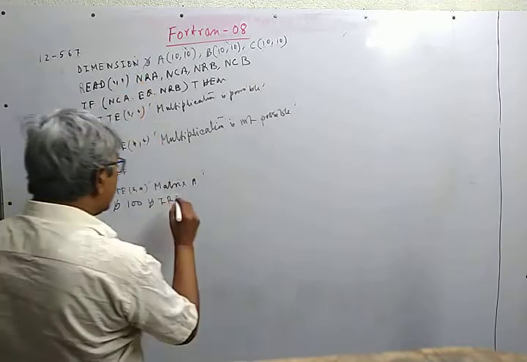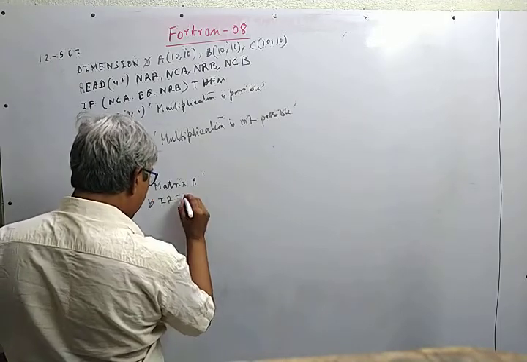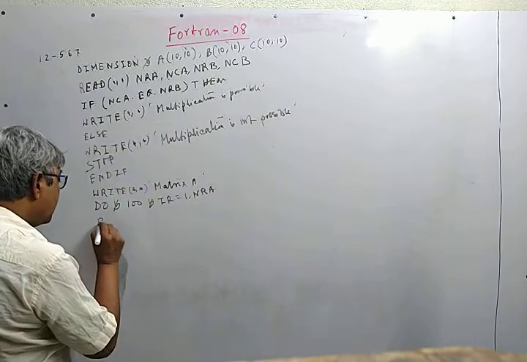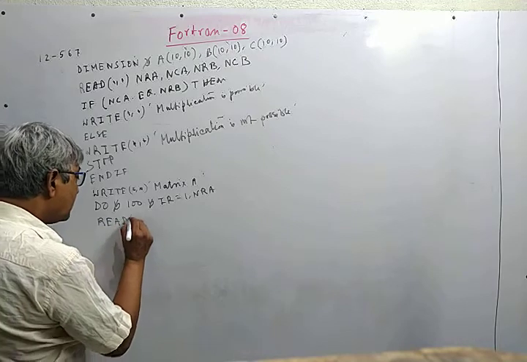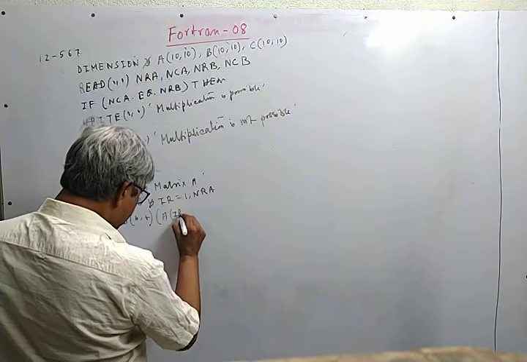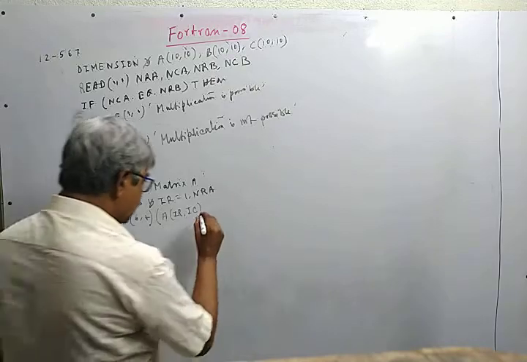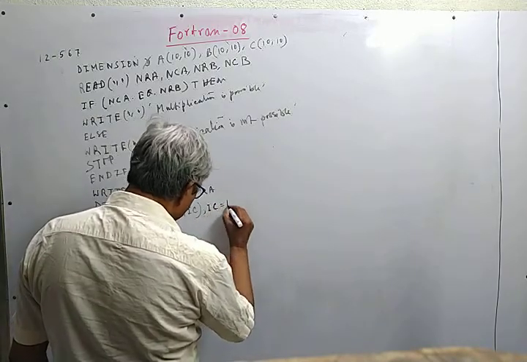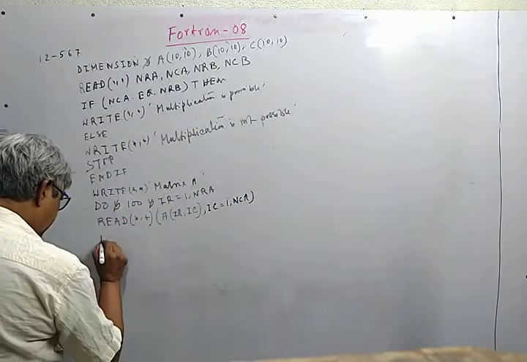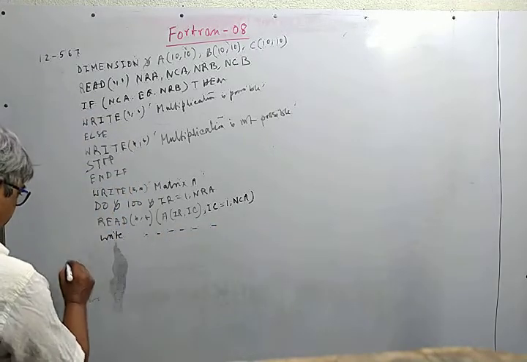IR will be 1 comma NRA. Then write the same thing, and then this loop.